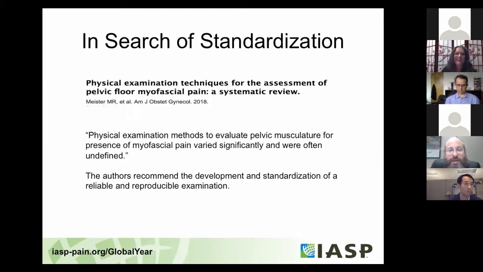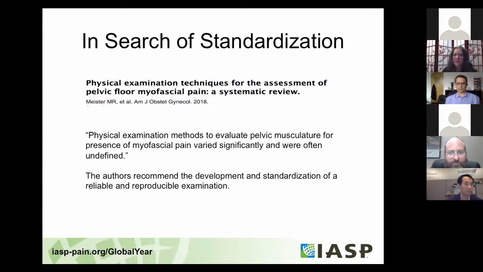I might be a little different in my love for the fact that we can learn a lot from studies that might look a little negative on first view. In particular here in this study, the authors recommended further development and standardization of a reliable examination because the ways that this is being assessed is so variable across countries and across the world, and even within different systems of education.